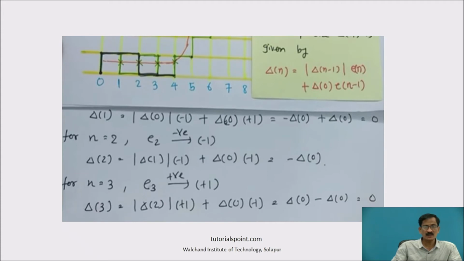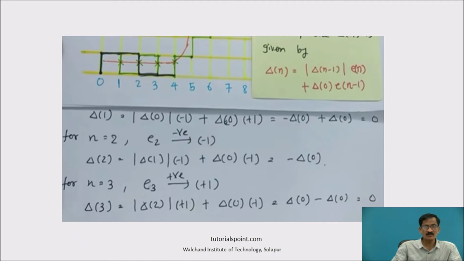Now at n equals 3, the staircase output is less than the analog signal in the above diagram. So the current error E3 will be positive.